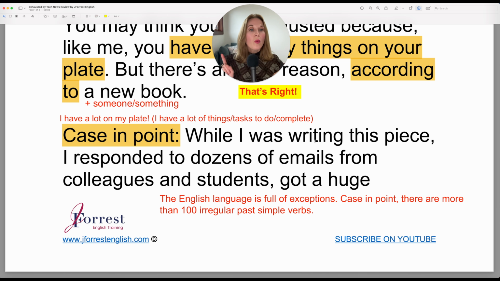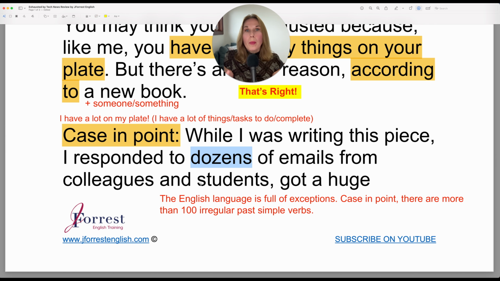Case in point, while I was writing this piece, I responded to dozens of emails. So how many emails did she respond to, or he? I'm not sure. Did the author respond to dozens? Well, 1 dozen is 12. So the plural of dozens would be 24 or 36, perhaps.